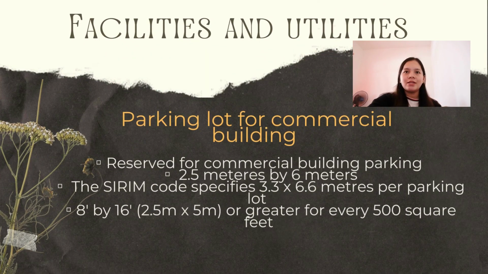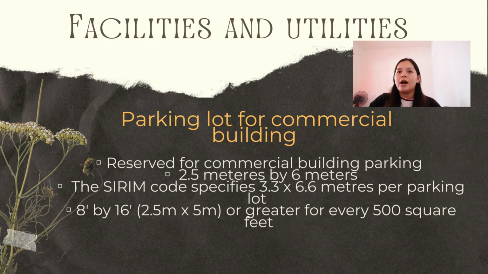So next is the facilities and utilities of the open space area. So first of all is parking lot for commercial parking. Due to the fact that residential parking is included into the layout of their house. This part is reserved for commercial building parking lot alone.